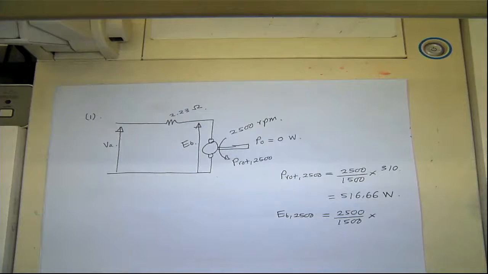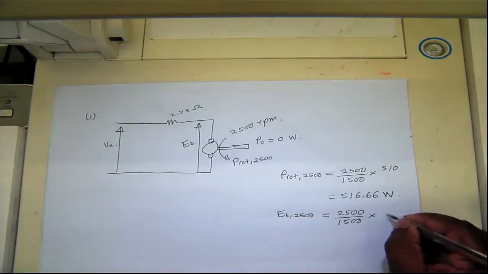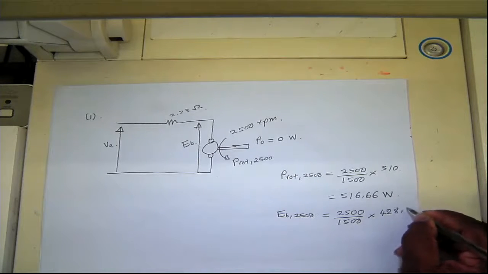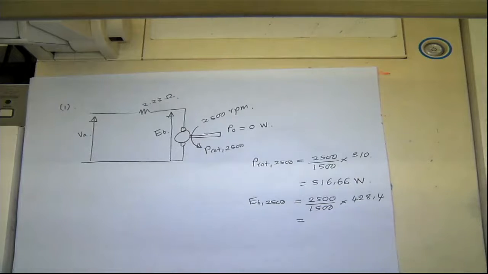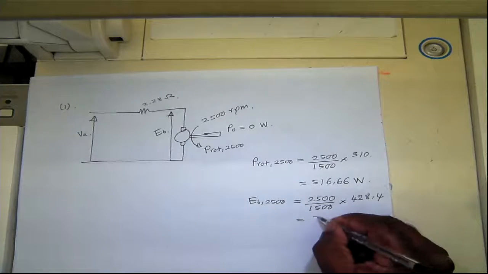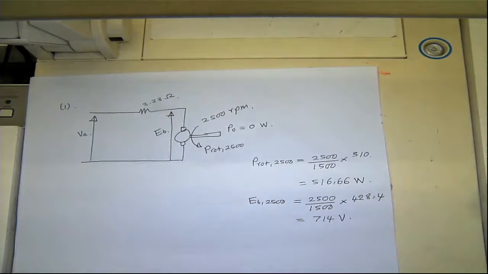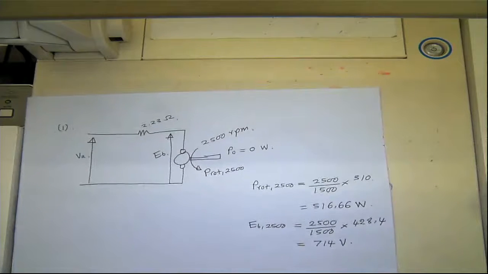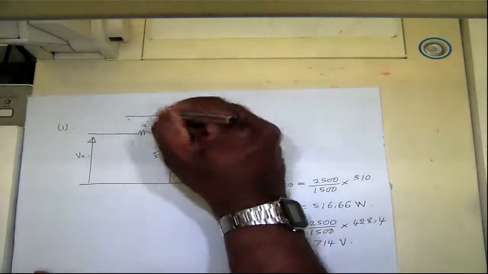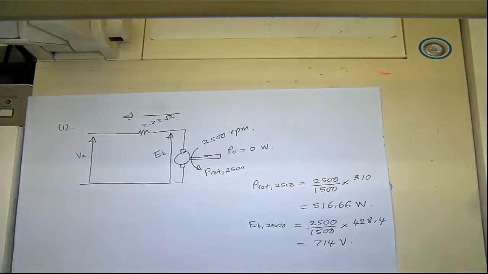At 1500 RPM, we found the back EMF to be 428.4, which scales to 714 volts. So you need 714 volts plus a certain voltage drop to drive this to that speed.